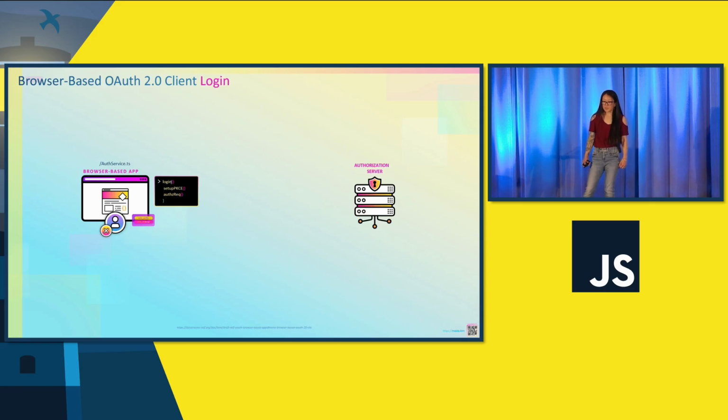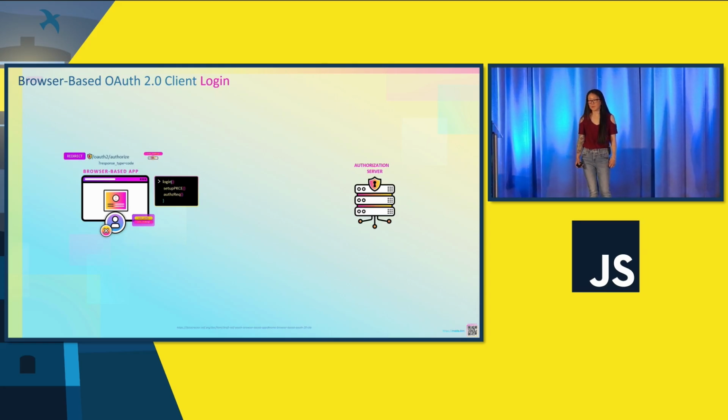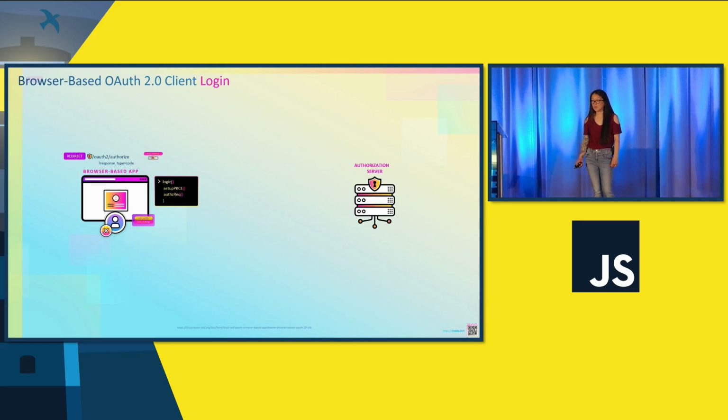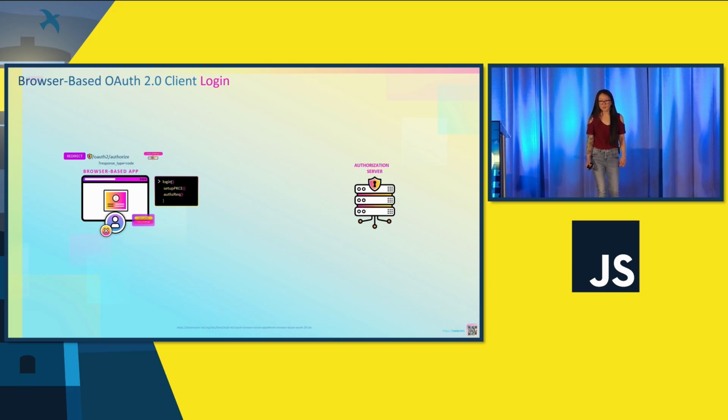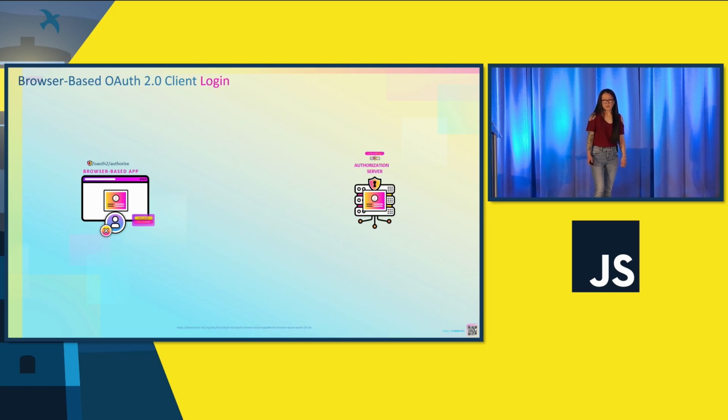The login function generates the authorization request with appropriate configuration, which redirects the browser to the authorization server's OAuth 2 authorize endpoint with the PKCE code challenge and the code challenge method. The user enters their credentials, and the authorization server authenticates the user. And the auth server then redirects the browser to a login callback page with the code in the query params.